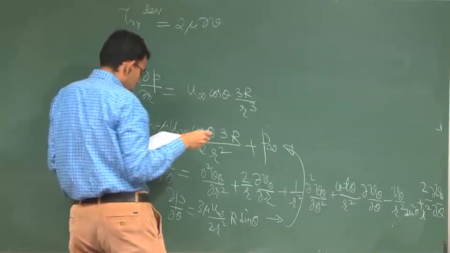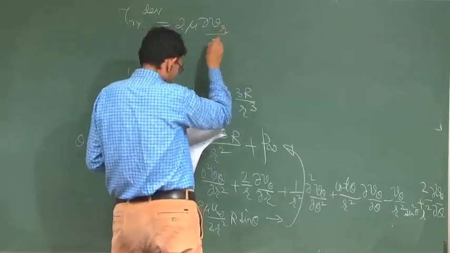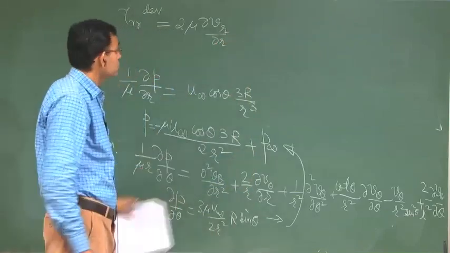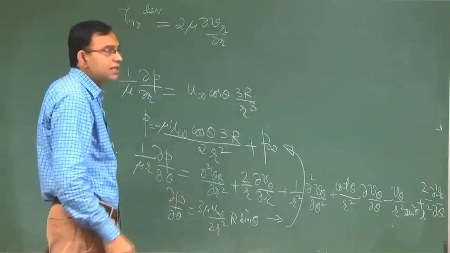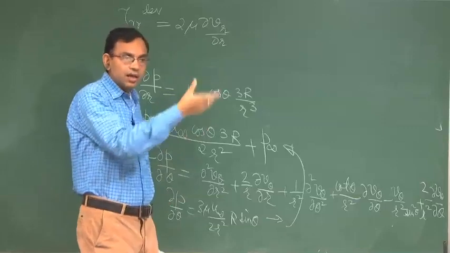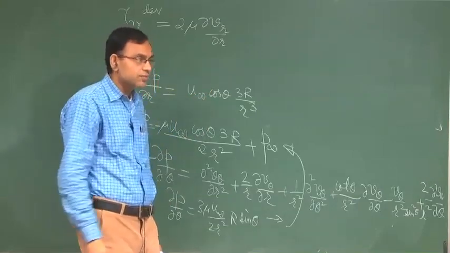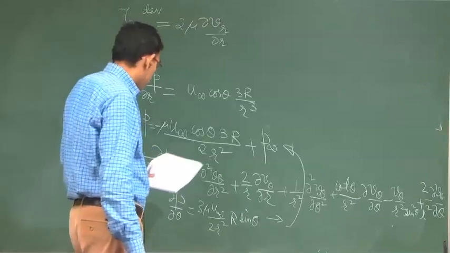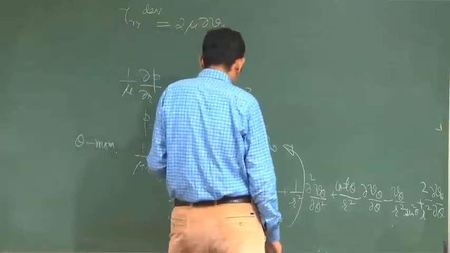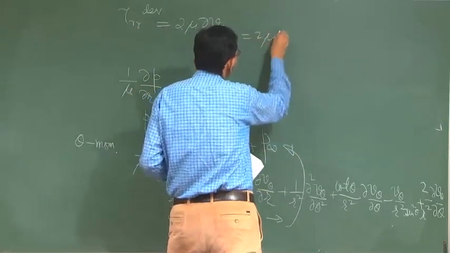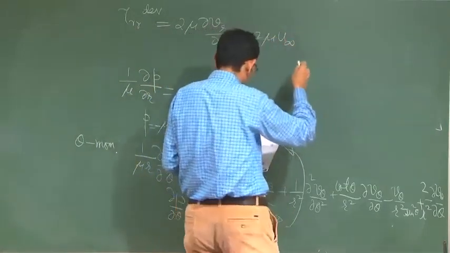So, 2 mu del V r del r, this is like tau equal to mu du dy expressed in this coordinate system. So, this will be equal to 2 mu u infinity cos theta.